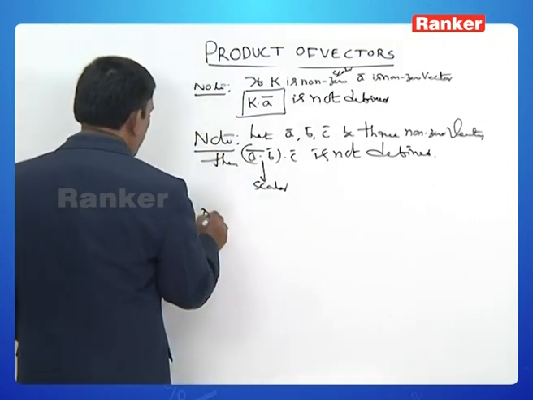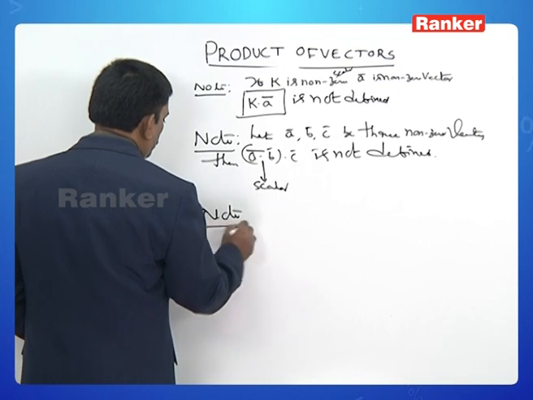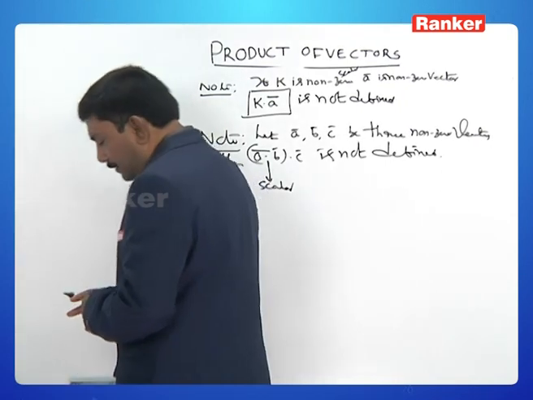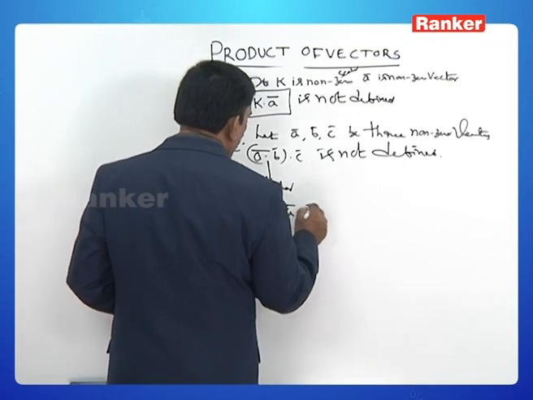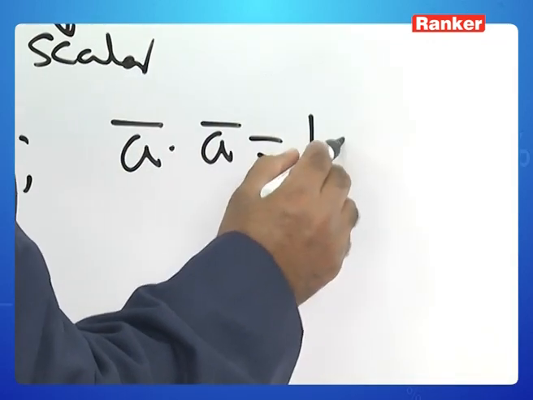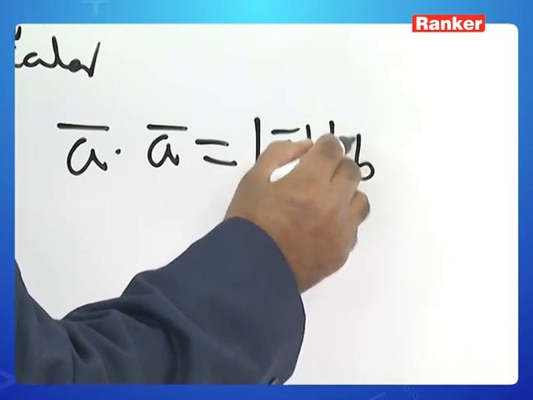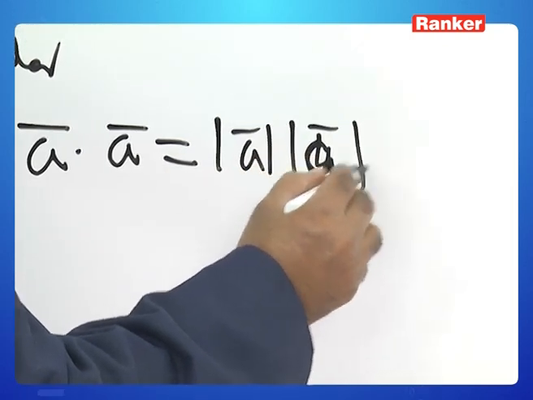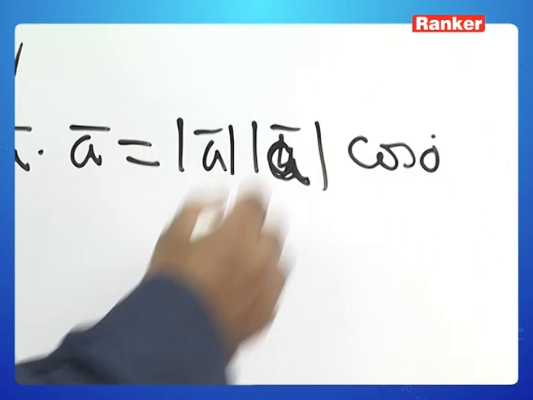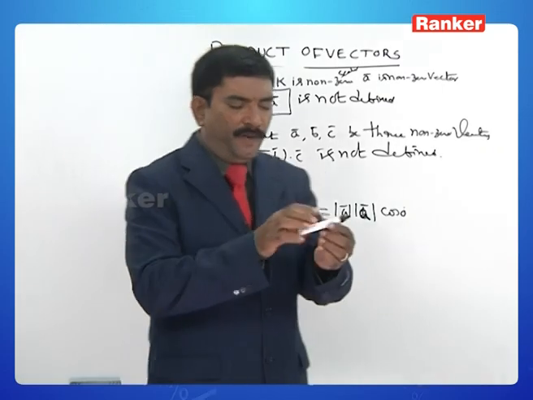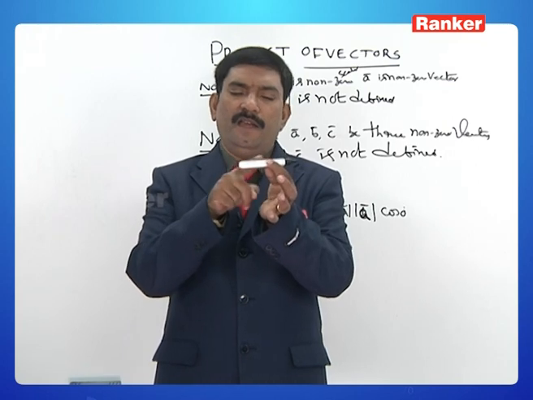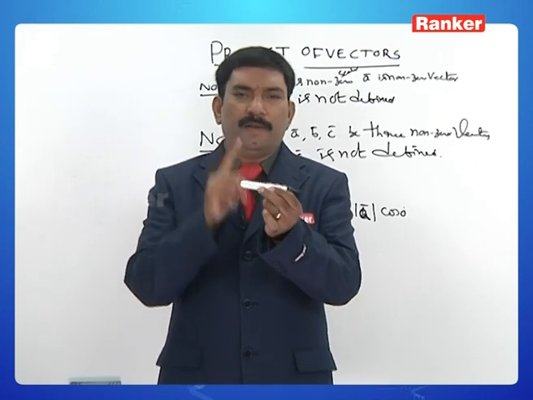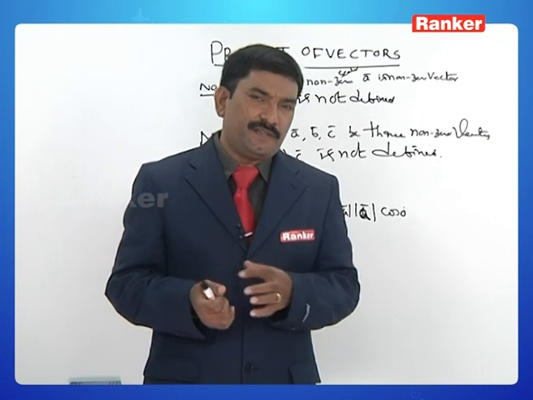Next I go to the note. The note is A bar dot A bar is equal to mod A into mod A into cos 0. If I take one line, the angle made by the line with the same line is always 0 degrees.